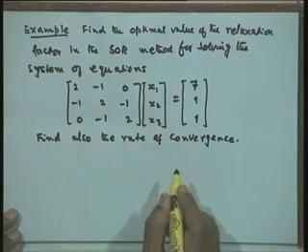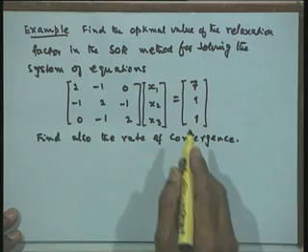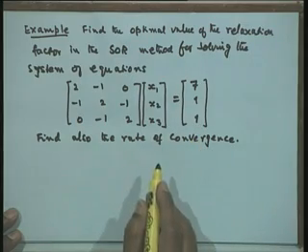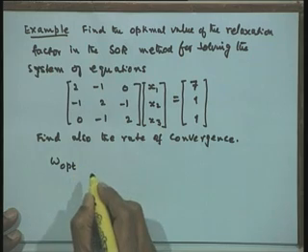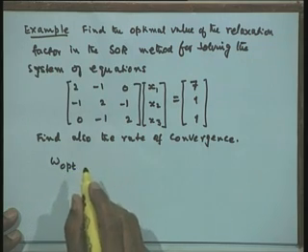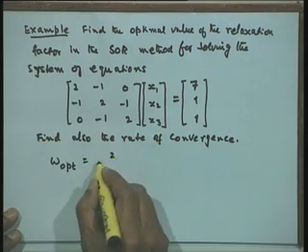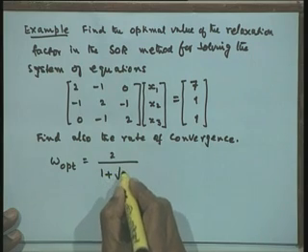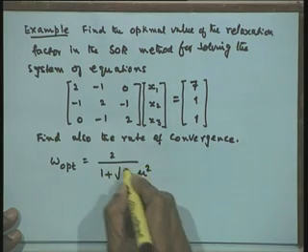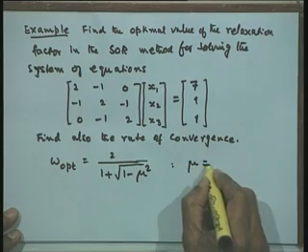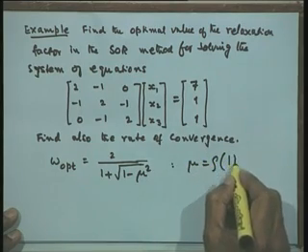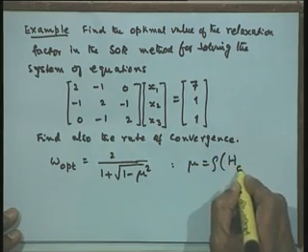Now, we have given two formulas for finding the optimal value and the rate of convergence for the SOR method. The optimum value of the relaxation factor is given as 2 upon 1 plus under root of 1 minus mu square, where mu is the spectral radius of the iteration matrix of the Gauss-Jacobi scheme.